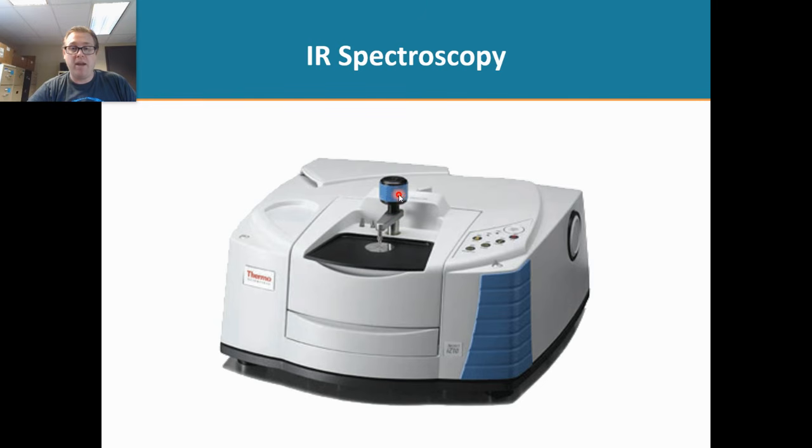And then you take the arm and put it back over your sample. And then you click a few buttons on the computer to set the parameters and everything. And it's going to shoot infrared light at your sample, and then a detector is going to detect how the light interacts with the molecules or your compound that you placed on the IR.